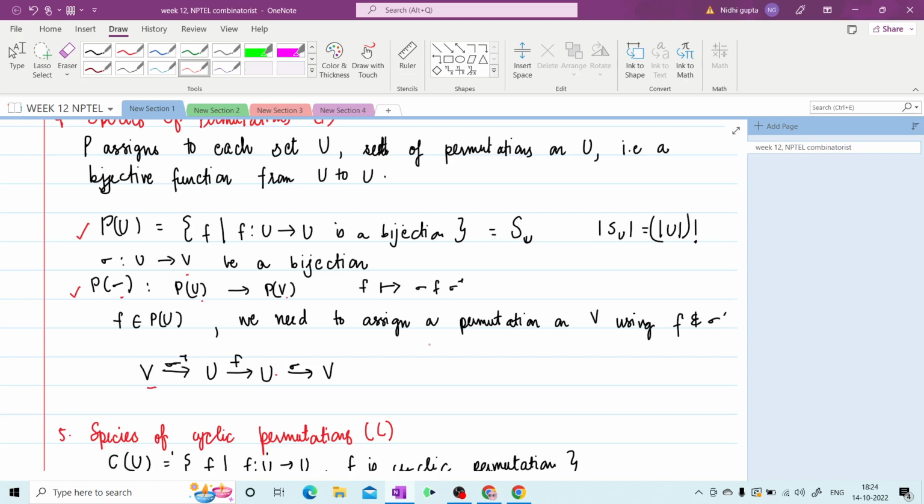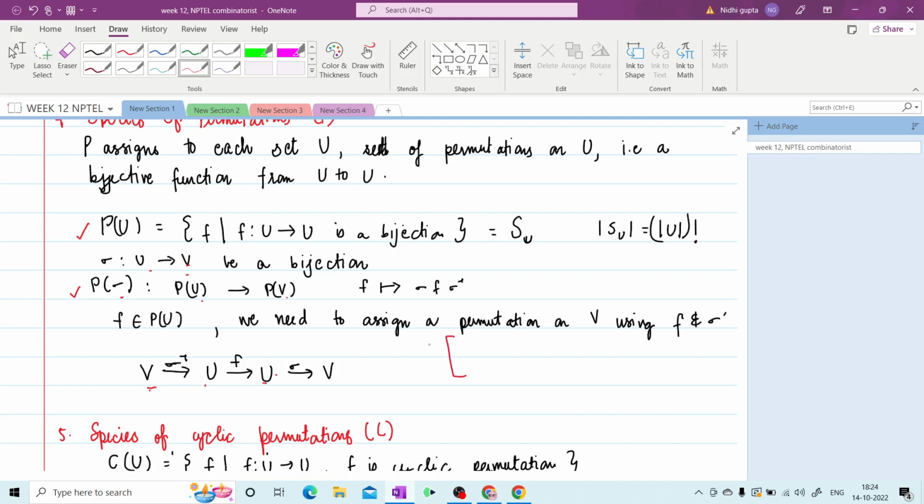First we go from V to U, then we go from U to U via f, and then we again go from U to V via sigma. So f goes to sigma f sigma inverse. So this is our species.